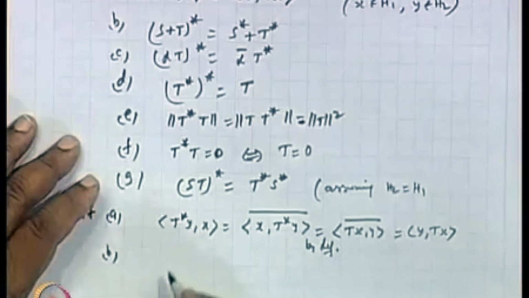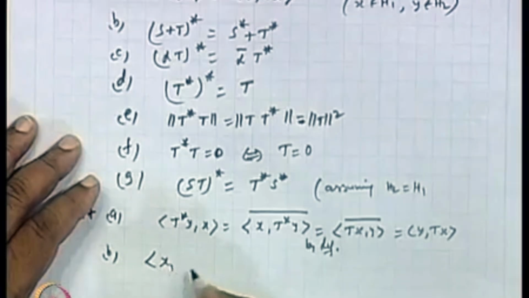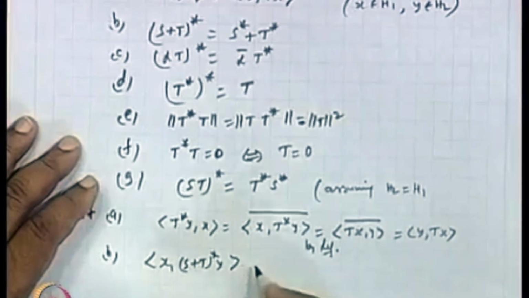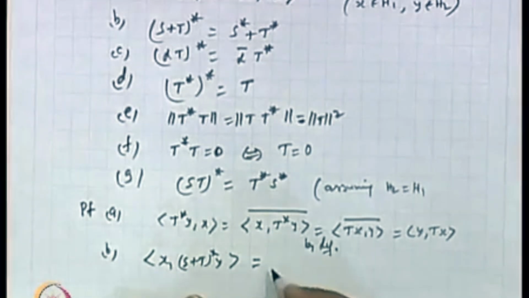Second part, S plus T star. So consider the inner product of x comma S plus T star y. Now, if S is a Hilbert adjoint operator, T is a Hilbert adjoint operator, both are, then S plus T will also have a Hilbert adjoint. Why? Because what is required for a Hilbert adjoint operator is that it should be a bounded linear operator from H1 to H2.